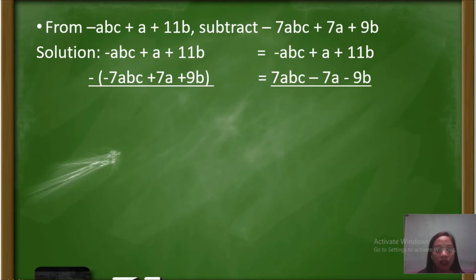And negative times positive 9b, that is equal to negative 9b. And then simplify. Negative abc plus 7abc, that is equal to 6abc. a minus 7a, that is equal to negative 6a. And for the third column, we have 11b minus 9b, that is equal to positive 2b.